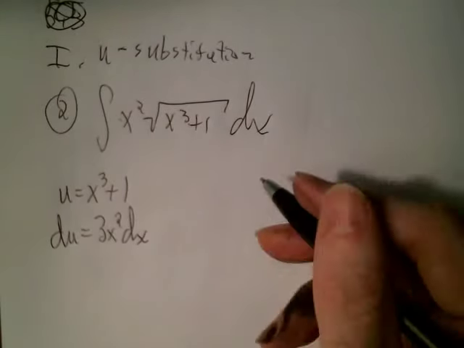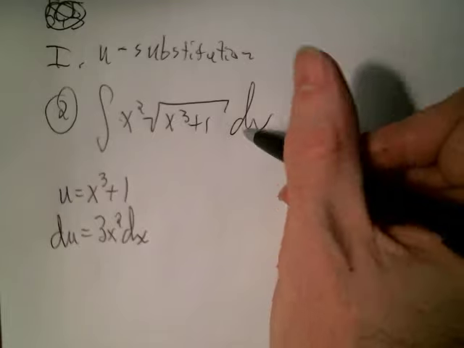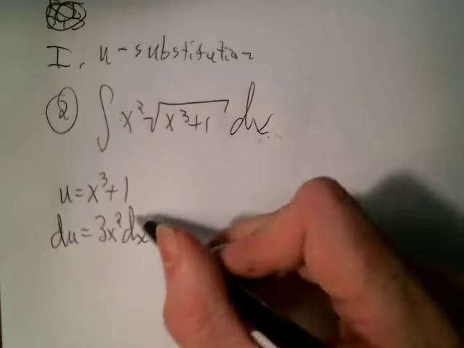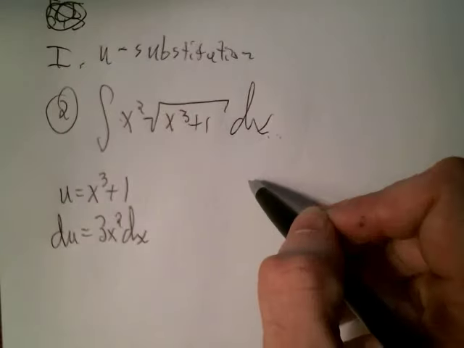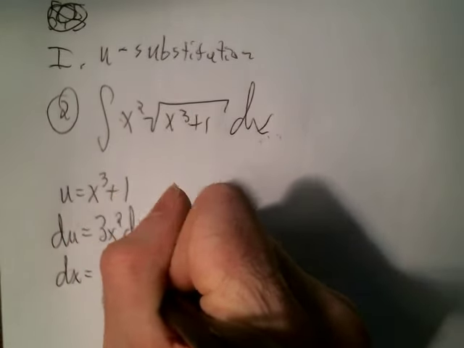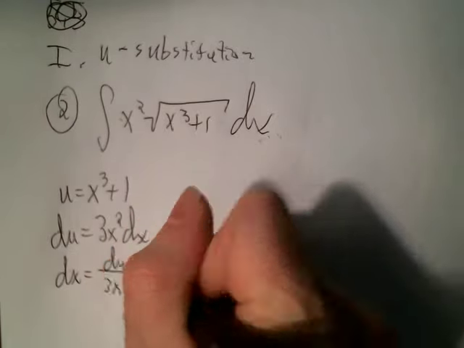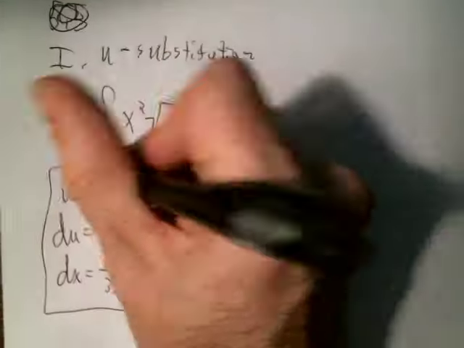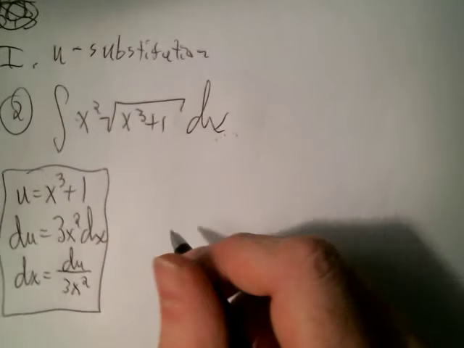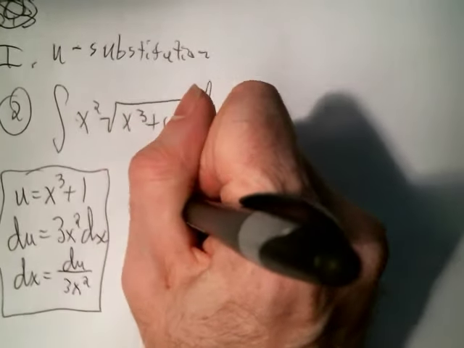Then I work it as a substitution. I need an expression for dx to substitute everything into here and turn it into an integral in terms of u. So I can solve for dx, and that'll be du all over 3x squared. I use this information to turn this into an integral in terms of u.